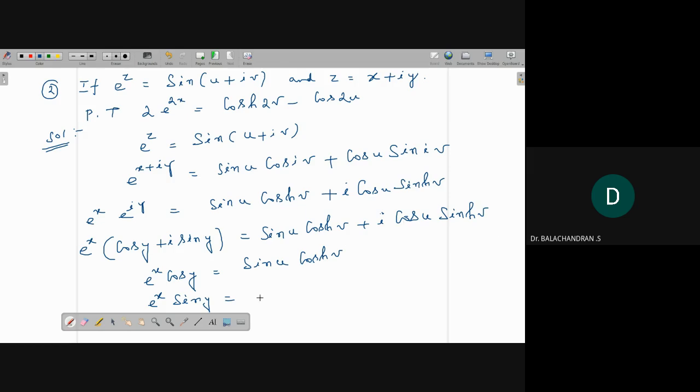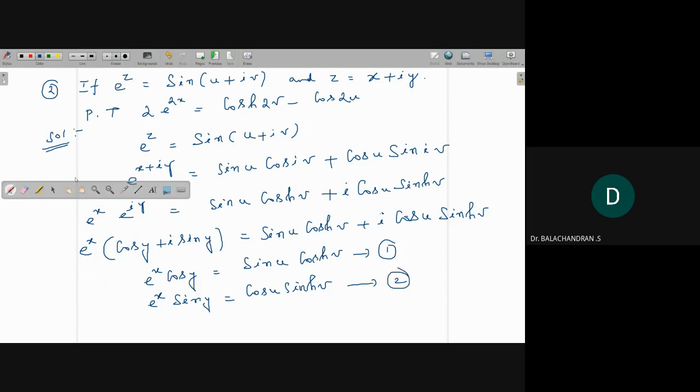On the right hand side, the imaginary part is cos u into sinh v. Okay, so look at the final answer. Here you have e power 2x. Okay, so cosh 2v, cos 2u. So here I have x. If you square this, I will get e power 2x. Okay, so that's why I am going to square and add. So 1 square plus 2 square.